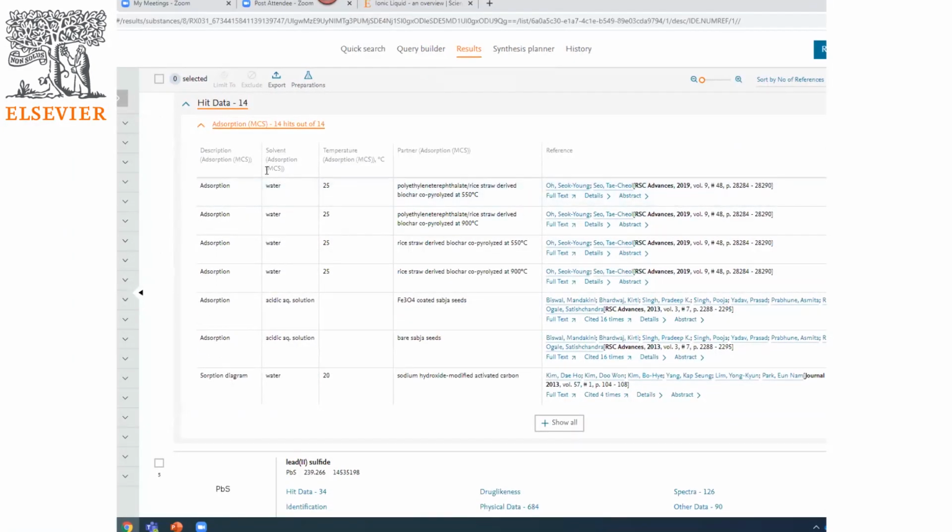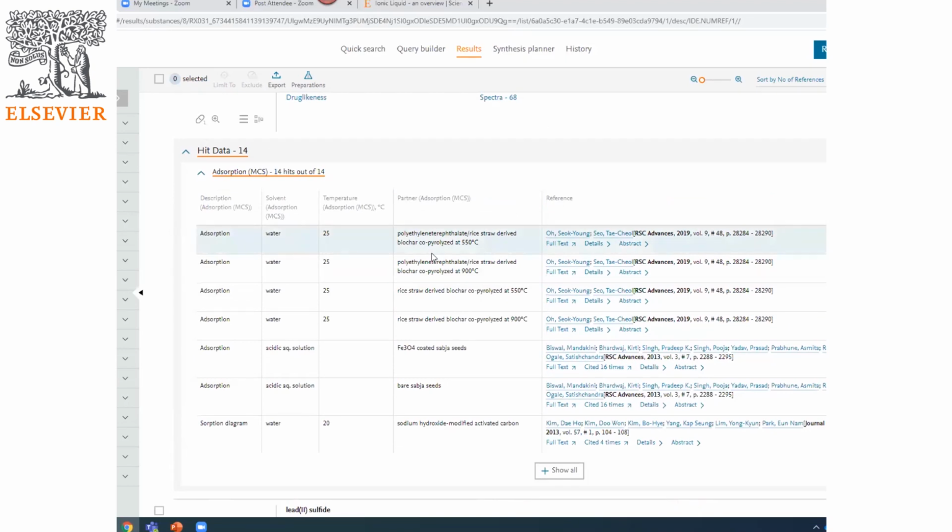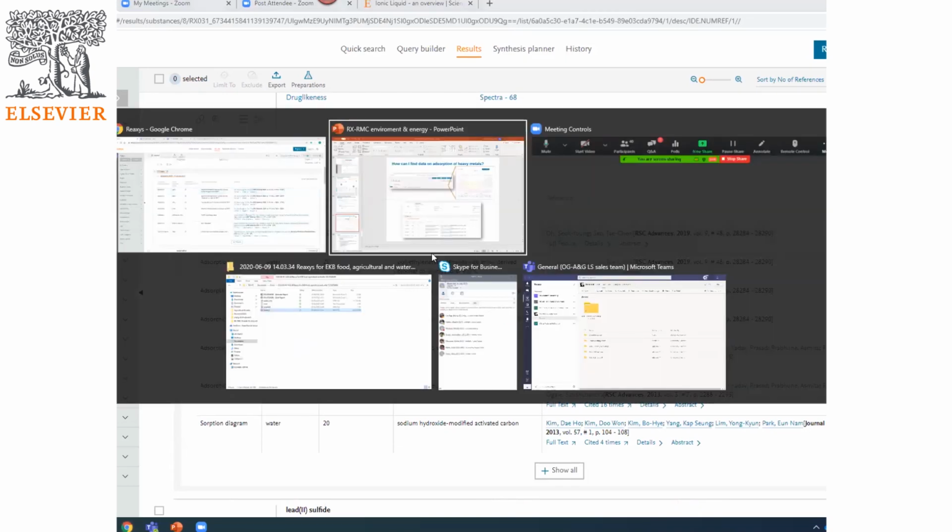You can see the solvent from which it is adsorbed, the temperature, and what is more important, the partner. And this partner can give you ideas how to remove these toxic heavy metal ions from your solution to purify the water.